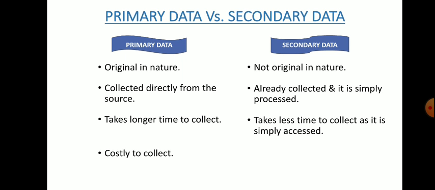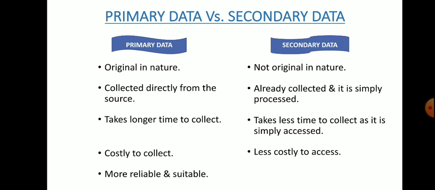Primary data is costly, okay, but secondary data is less costly. We can purchase a book and we can get the data, but in case of primary data, we need a huge number of people or investigators, the enumerators who can move down to each and every household to collect the information for me. So it will be very costly. Okay.